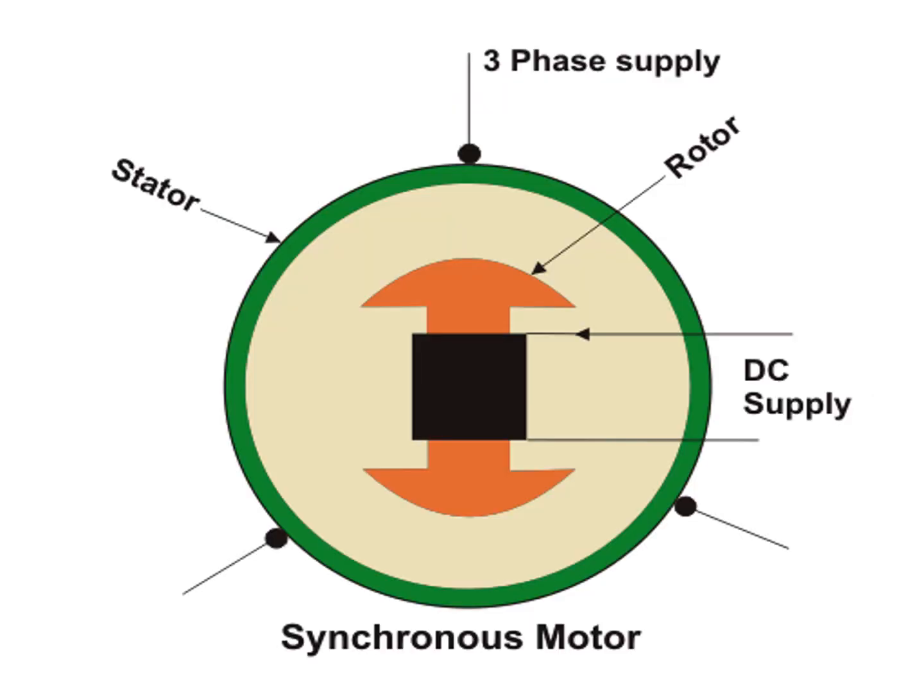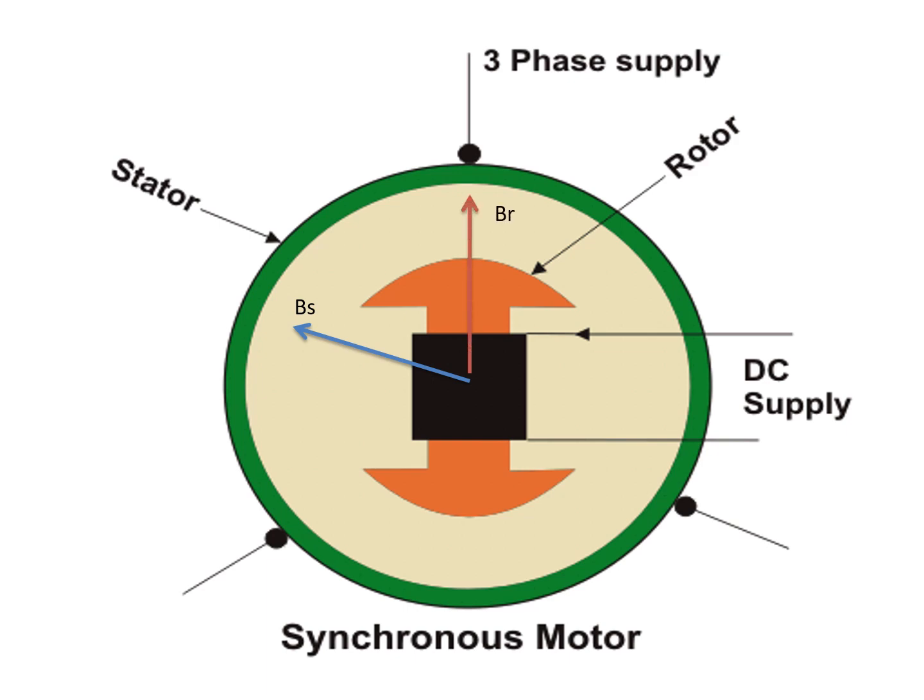Let's discuss the working of synchronous motor. As said earlier, synchronous motor is a doubly excited machine. That means three-phase supply is given to the stator and DC supply is given to the rotor. When three-phase supply is given to the stator, a rotating magnetic field is produced. Let me represent it by a vector called Bs. When DC supply is given to the rotor, it produces a steady state magnetic field.